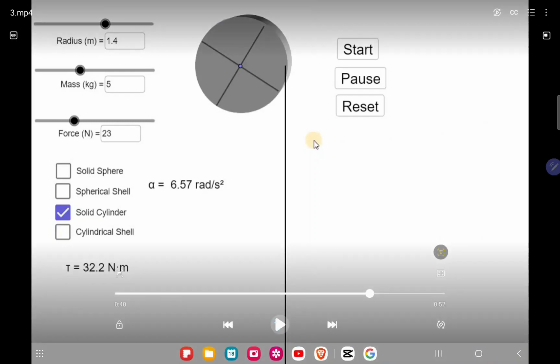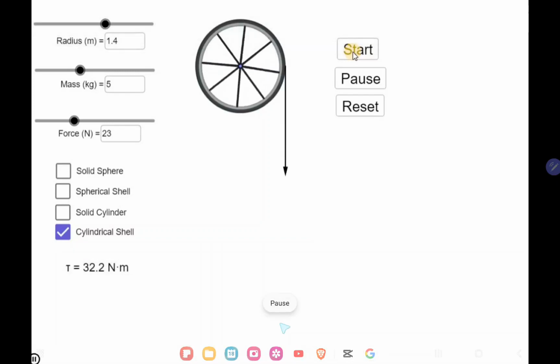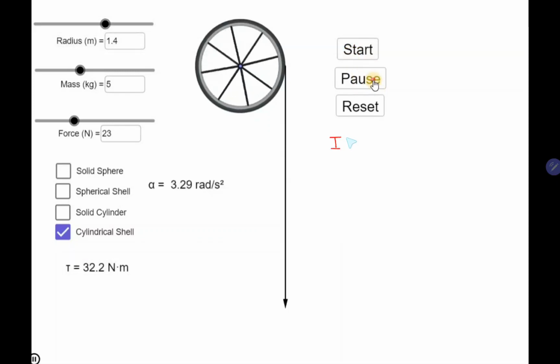Now let's change the pulley into a cylindrical shell pulley. The moment of inertia for a cylindrical shell is equal to mr square.